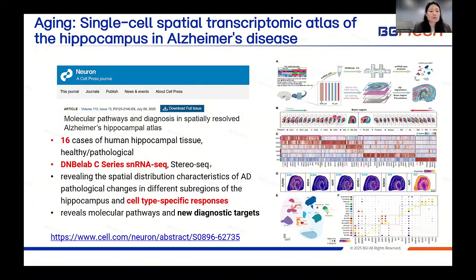This article reveals the spatial distribution characteristics of Alzheimer's pathological changes in different sub-regions of the hippocampus and the cell type specific responses. It also reveals the molecular pathway and gives some clues to new diagnostic targets.